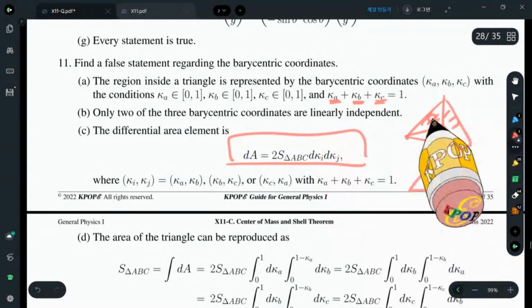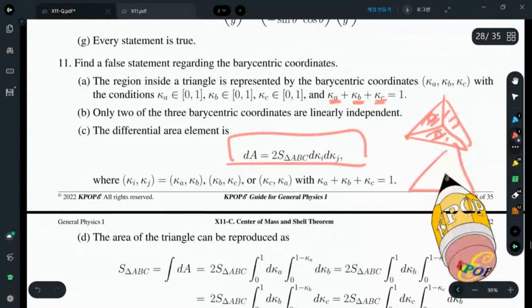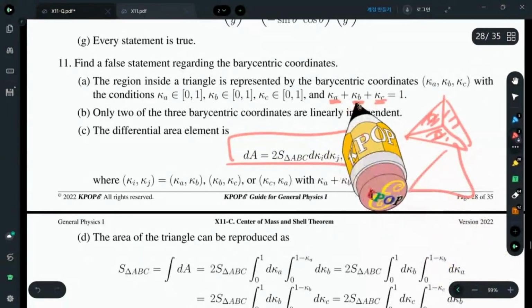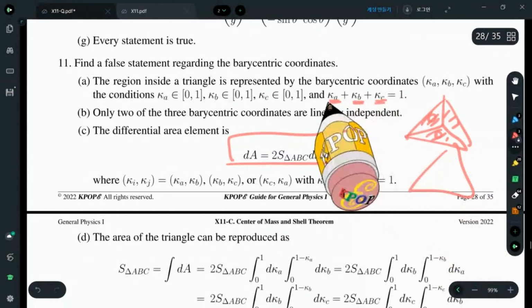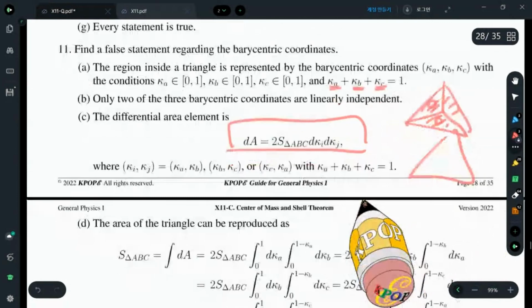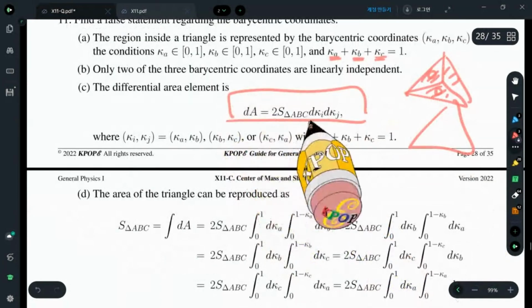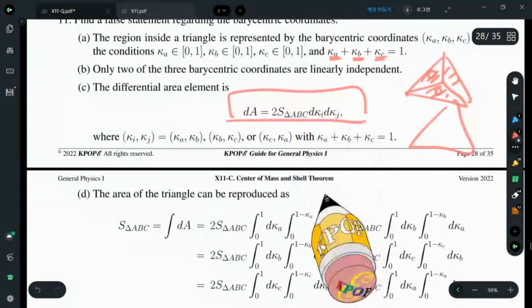This area divided by the whole triangle's area, and this area divided by the whole area, are called kappa A, B, and C. Because they are fractions, the sum of the fractions must be 100%. And the area of this triangle is now parameterized by this two-dimensional integral.